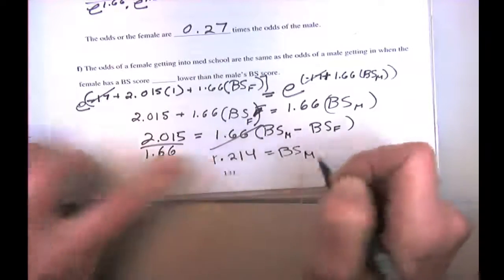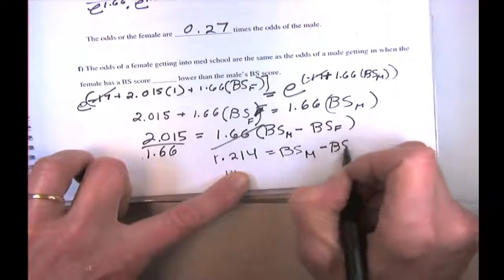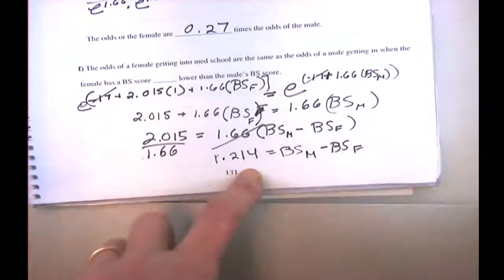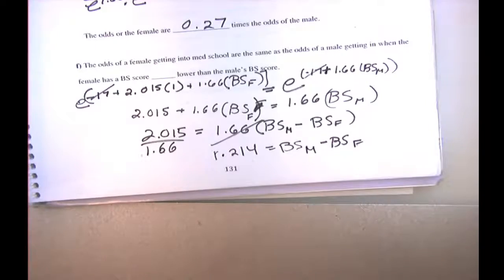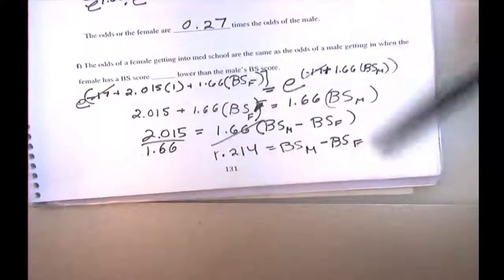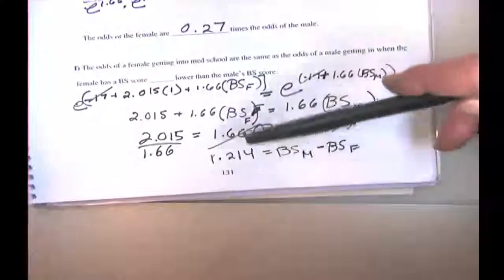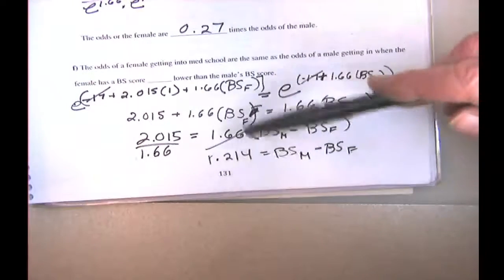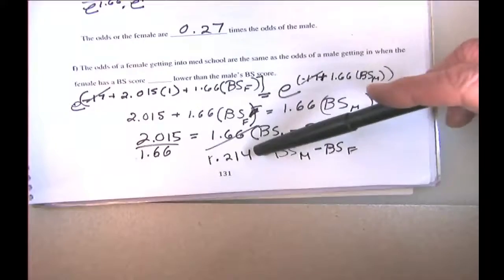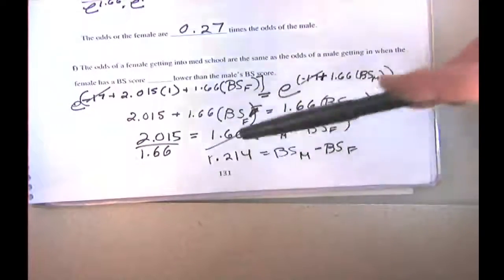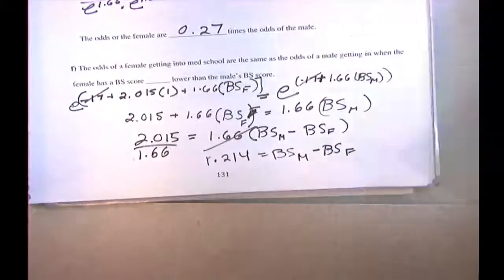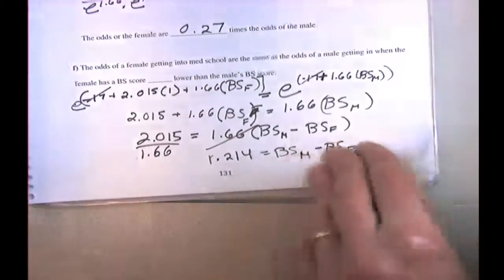When males score higher by that factor, of course, you can't get that factor exactly, but that's about where they'd be equal odds. So you can think of being female as equivalent to a male, if you're a guy, and you score 1.214 higher, you'll have the same odds of getting in. Everything else being equal so far.